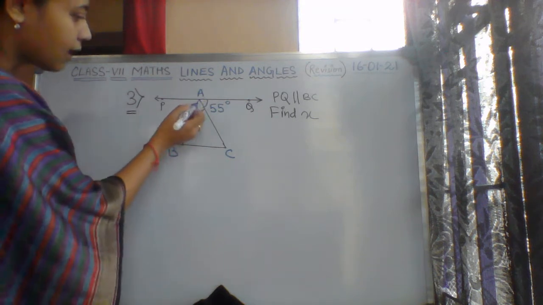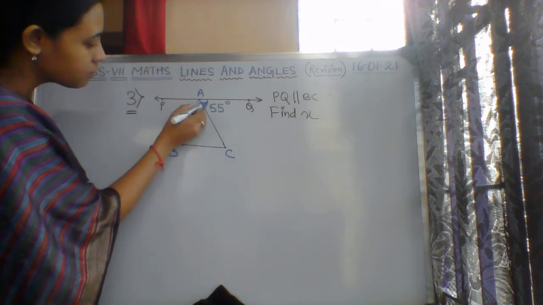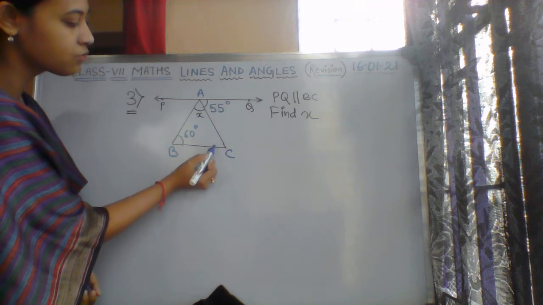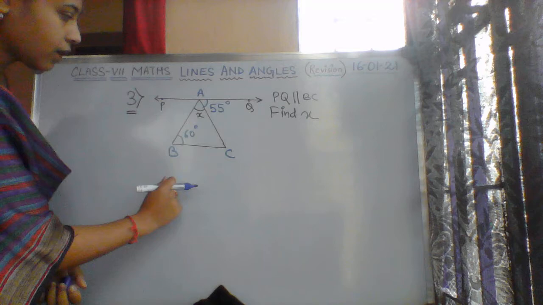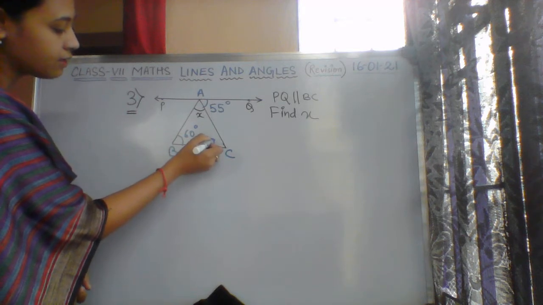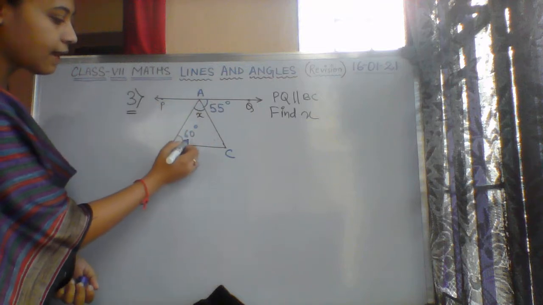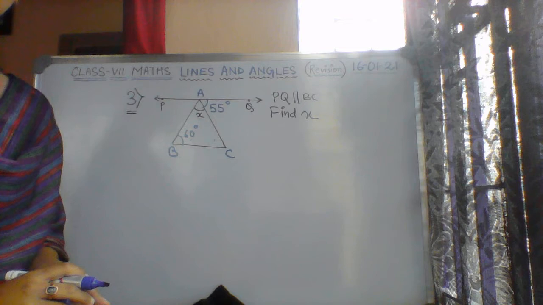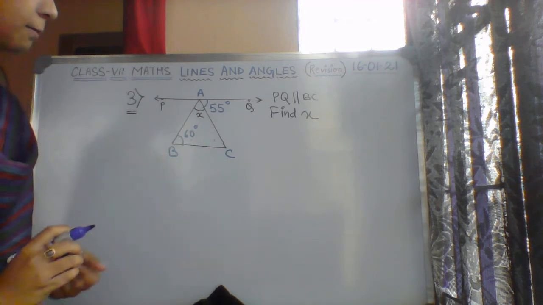According to the parallel line and transversal concept, this 55 degree is equal to this angle also. So this angle C is also 55 degree, because of alternate interior angles. Now we have 60 degree, 55 degree, and one unknown. If I add 60 plus 55 plus x, I will get 180 degree. So you can easily find x. That is one method.